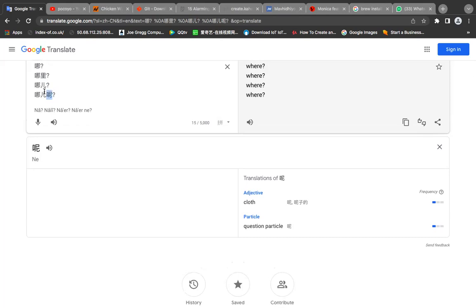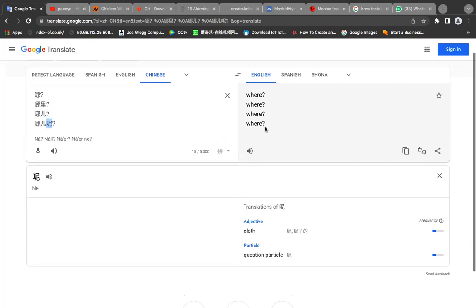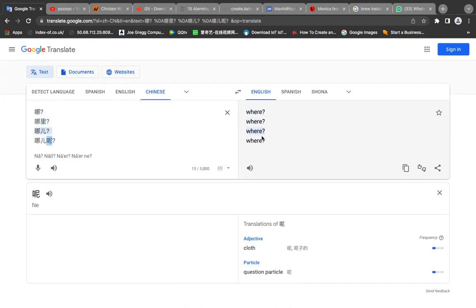But of course, it can be used as a question, like we did last time with Nina, and this time we're using na. As you can tell, the meaning is still the same; we're still asking, so it shouldn't confuse you. One more time: 哪里哪儿呢. Nar, na.